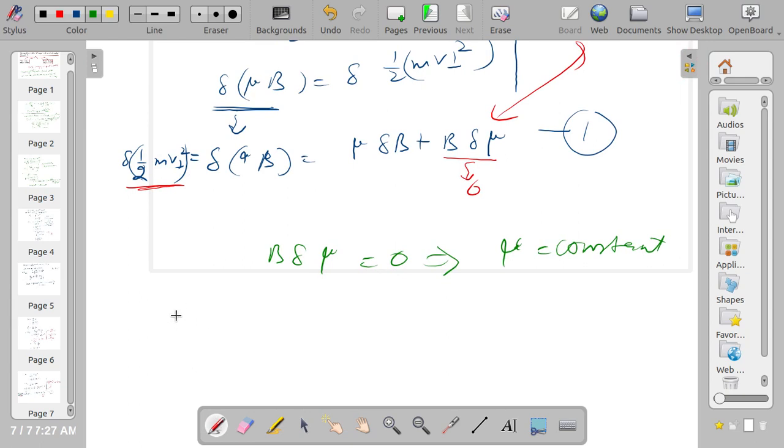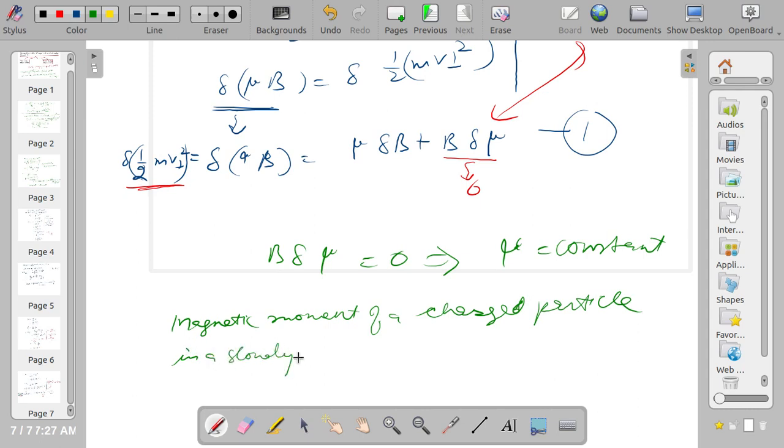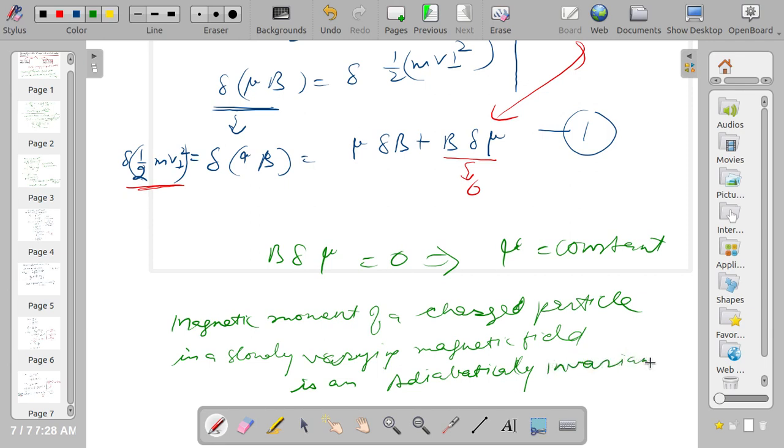So the magnetic moment of a charged particle in a slowly varying magnetic field is adiabatically invariant.